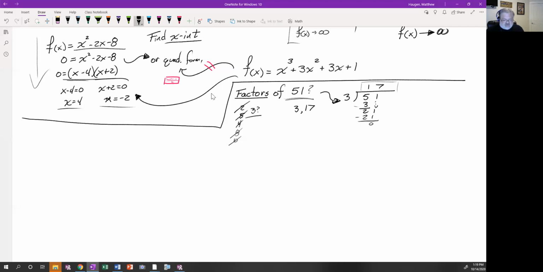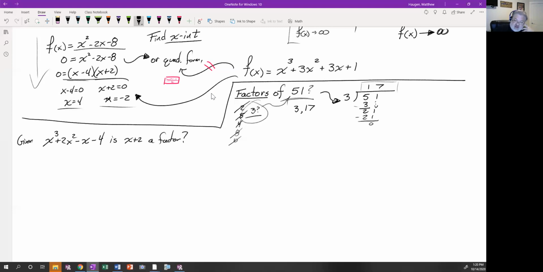So if we have a polynomial, say, x to the third plus 2x squared minus x minus 4, and we want to see if something's a factor, so given that polynomial, is, say, x plus 2 a factor, we're going to do the same thing as we did with, is this 3 a factor of 51?